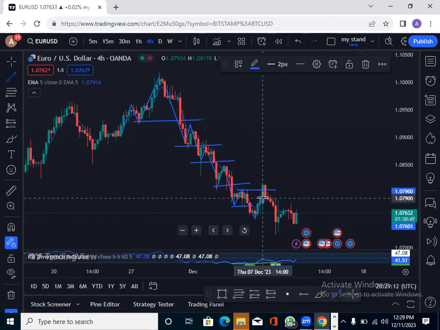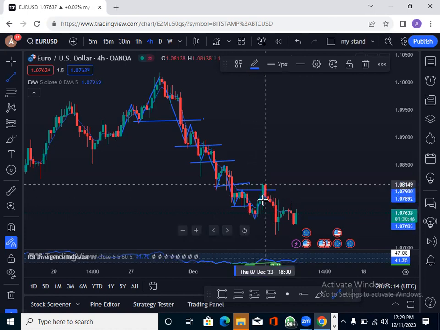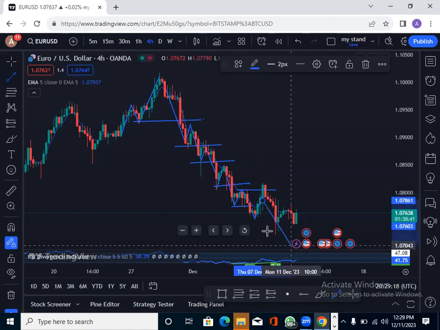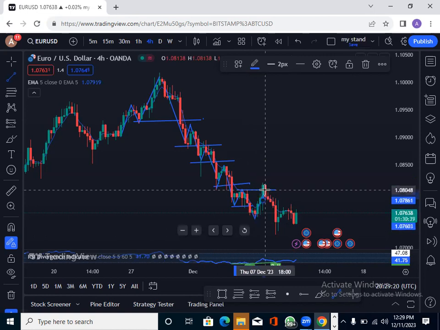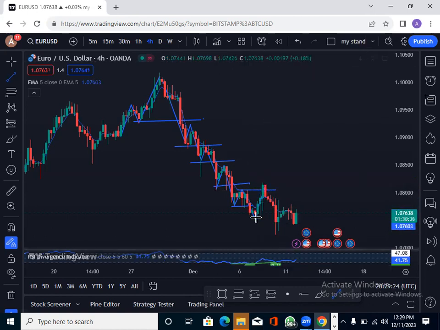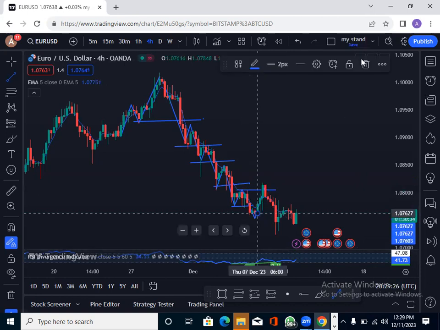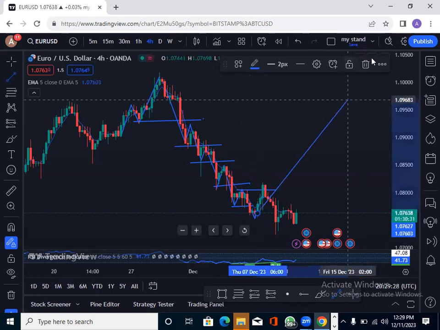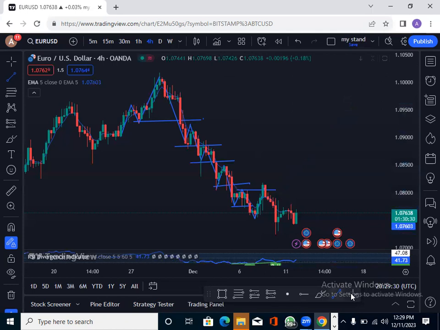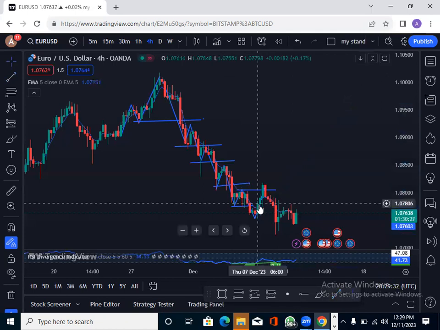Above the previous high. So seeing that the market has gone above the previous high, you have to be careful. At that point, you have to observe what is happening in the market to avoid loss of money, of resources.